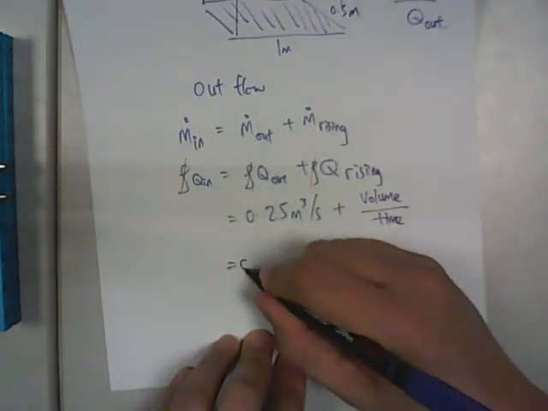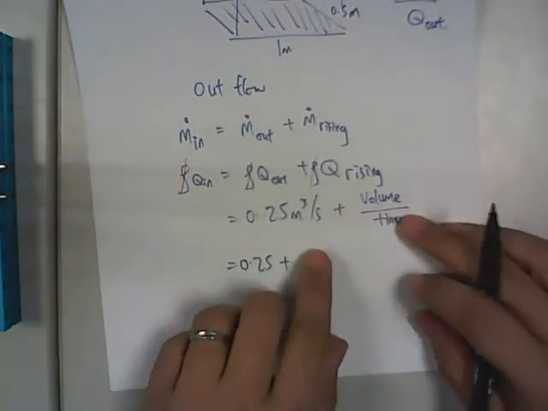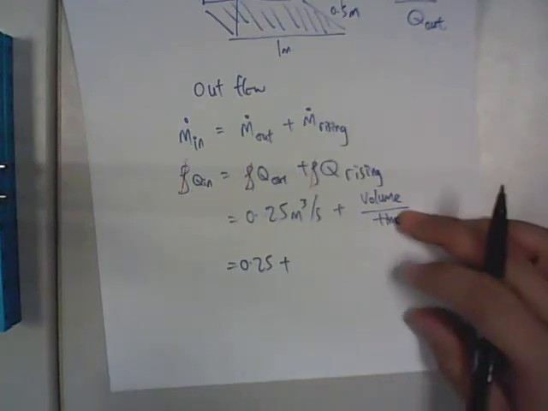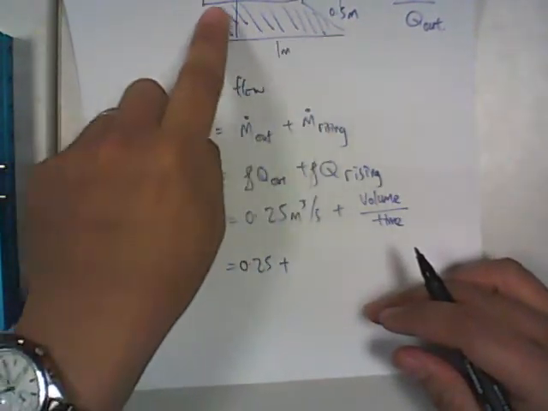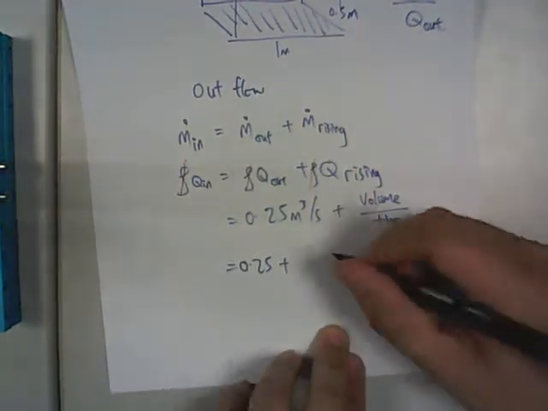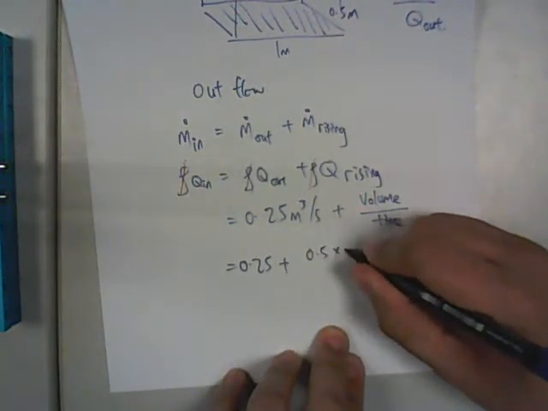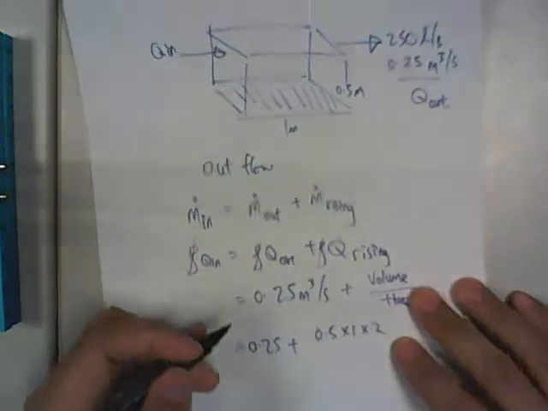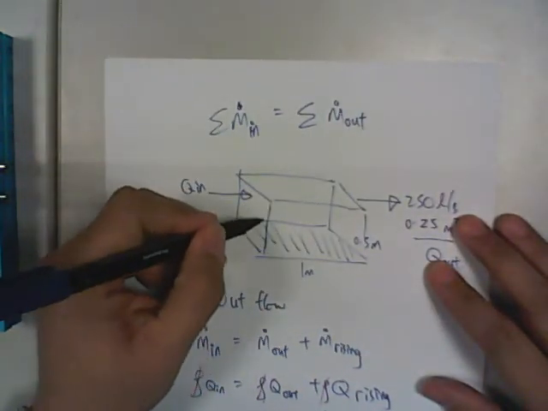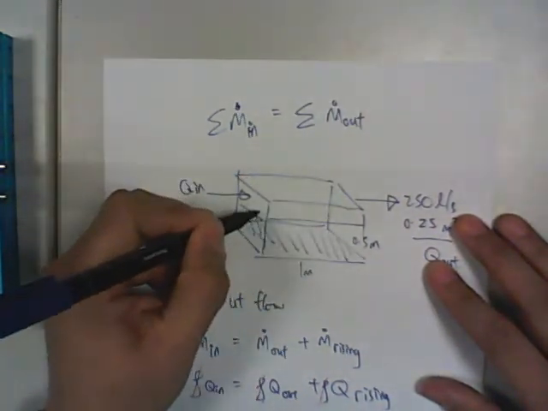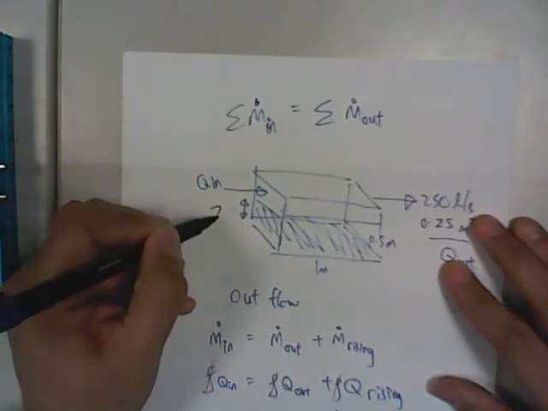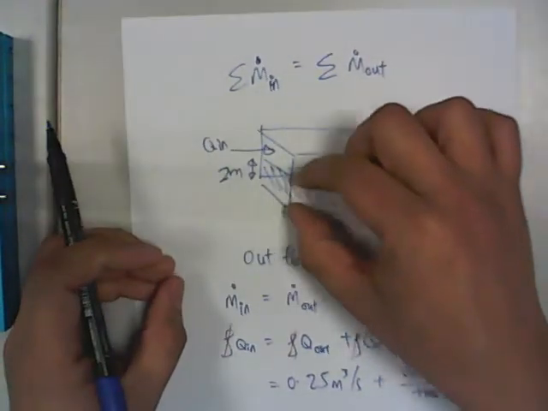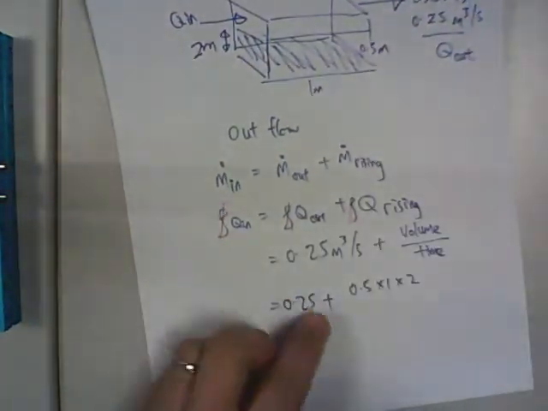So 0.25 plus, what is the volume? There is a 2 meter rise in water level over 30 seconds, and you have that base area of 1 meter by 0.5 meter. So it is actually 0.5 times 1 times 2. So it basically means this volume that has risen is considered the outlet.